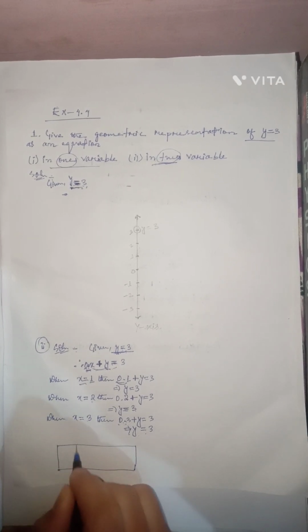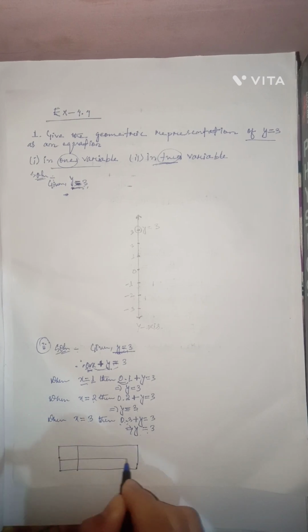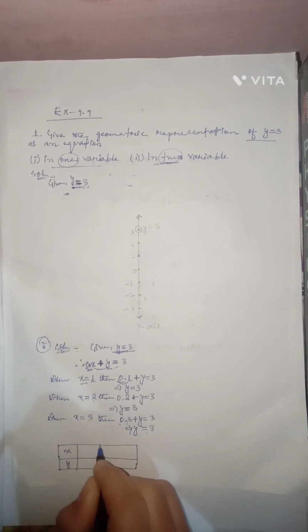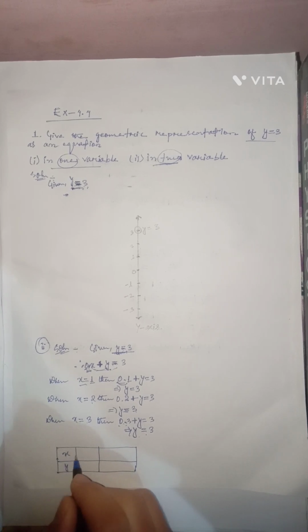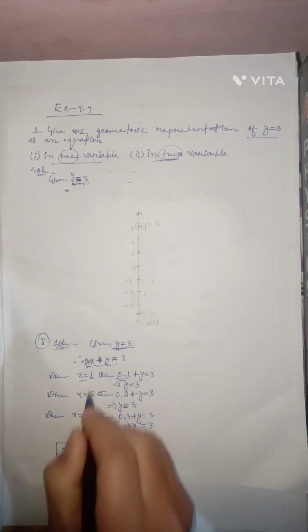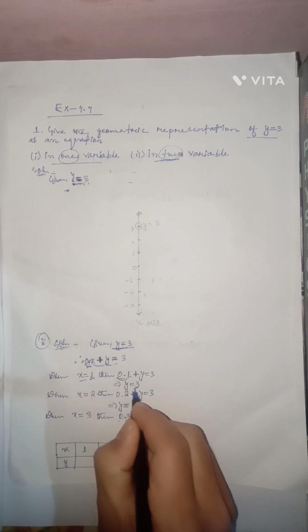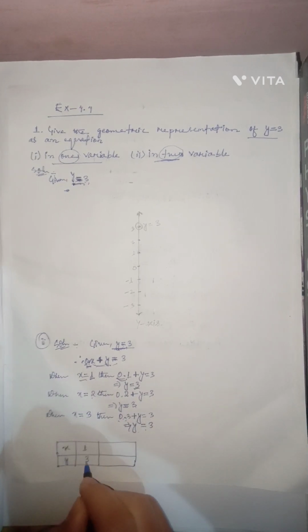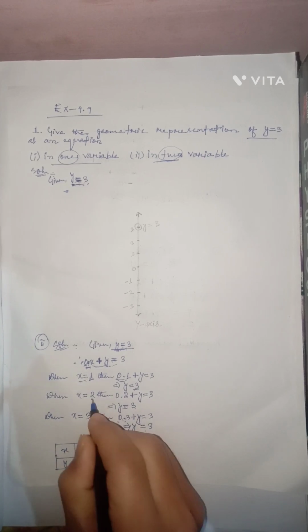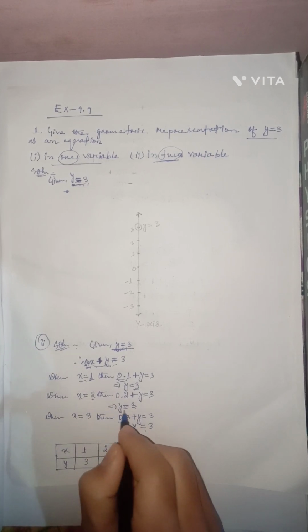Now, whatever points we got from this, let us put them in this box so that it will be easier for us whenever we plot this in the graph. X, y. First, what is the value of x that we have? At first, we assume x value as 1, and the value that we got is 3.